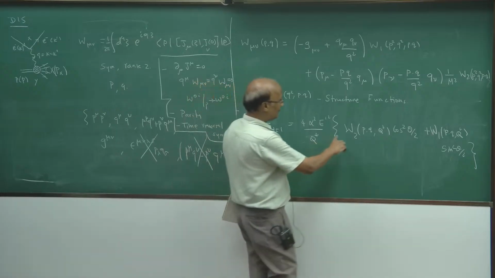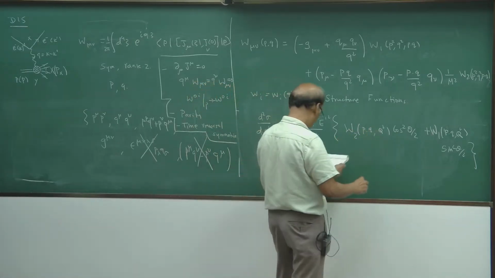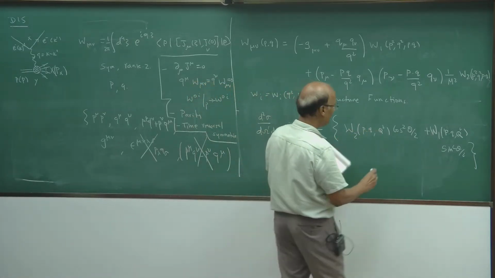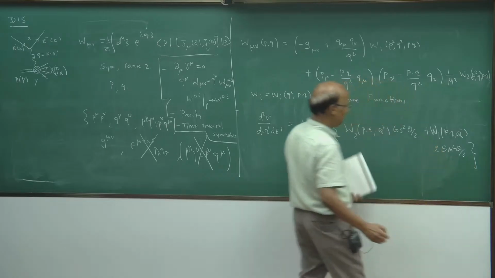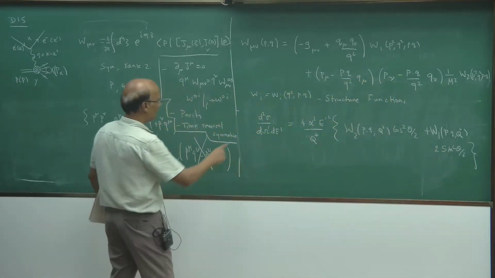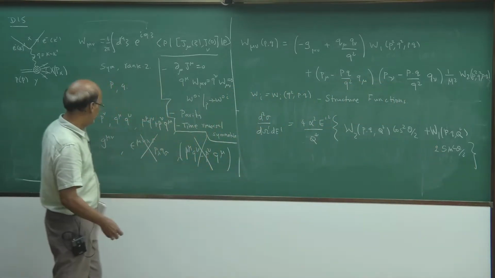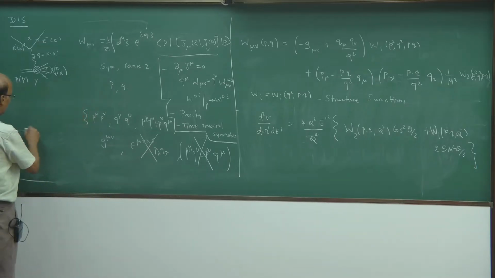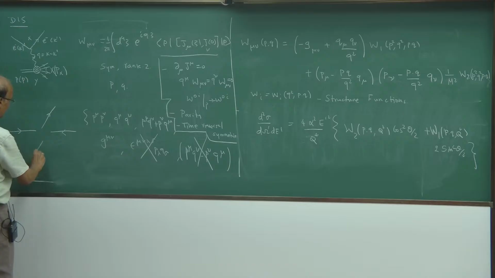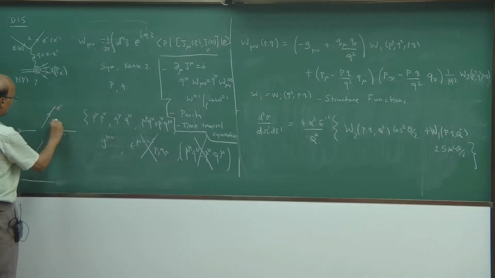So you'll have a part which, let me just check whether I've written it correctly, there's a 2 times sine square theta by 2. Theta is the scattering angle. If you do a scattering experiment with a lepton, this angle is theta.